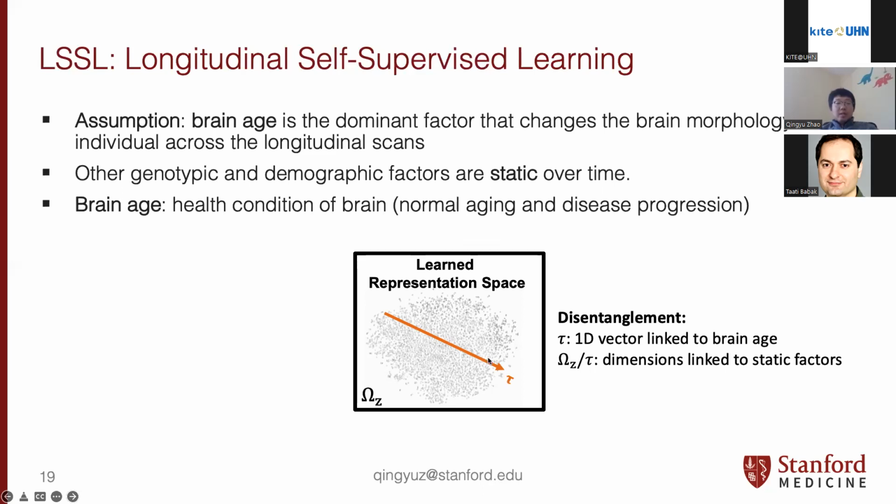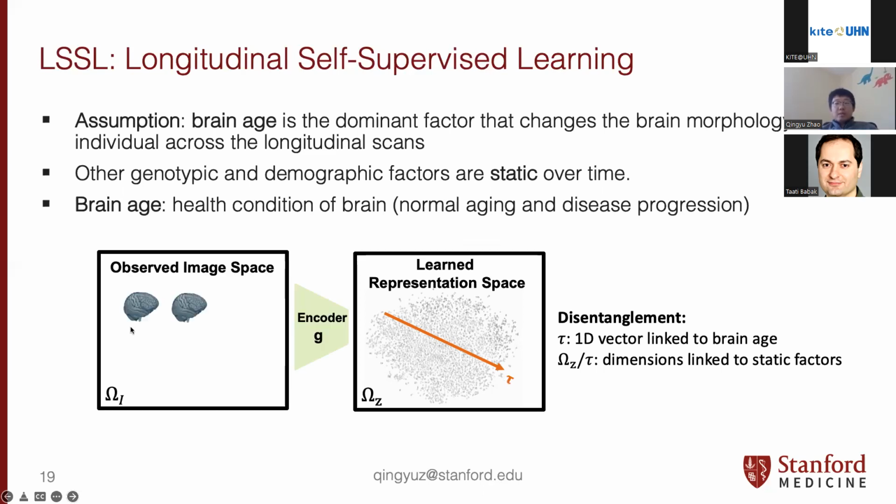And how we learn this direction, or how we disentangle this direction from the latent space, is that we take a pair of images from the same subject. The pair of images is from two visits of the same subject, and we encourage their progression direction to be parallel to this brain age direction, which I call tau in this work. Again, this parallelism is motivated by the assumption that the only factor that changes over time is this brain age for each individual.